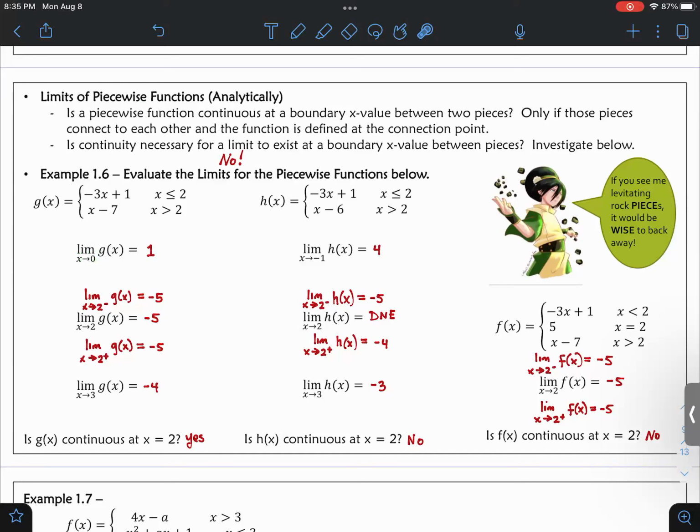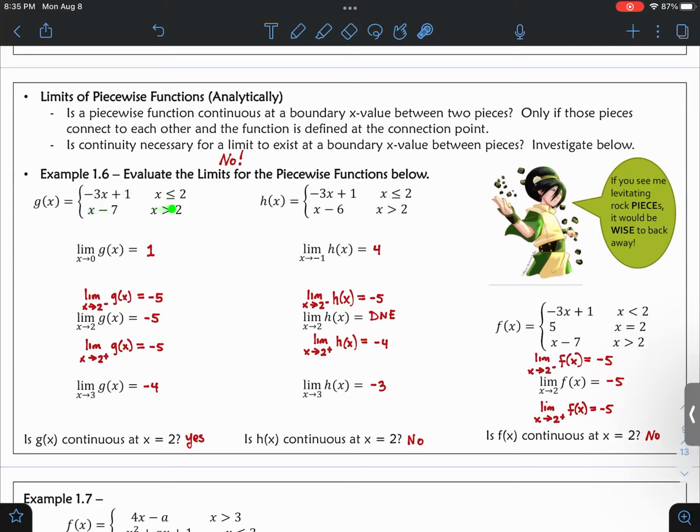Now, a couple of these limit questions here, x approaching 0, x approaching 3, are just there to remind you that if your x value is very solidly located on a specific piece, you don't even have to look at what the other piece is doing. Like 0 is less than or equal to 2, so we only want to look at -3x plus 1.